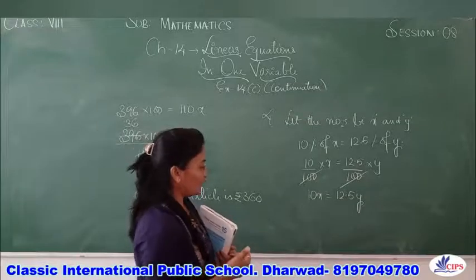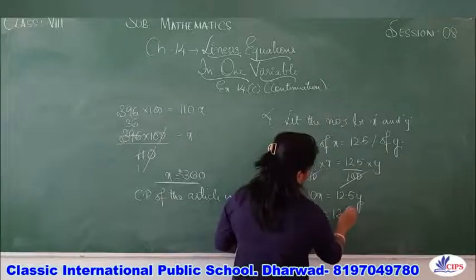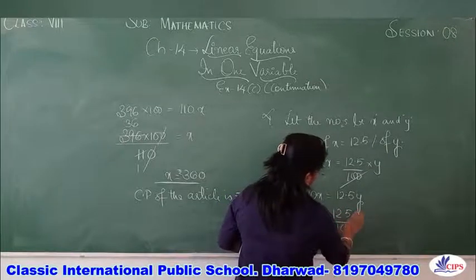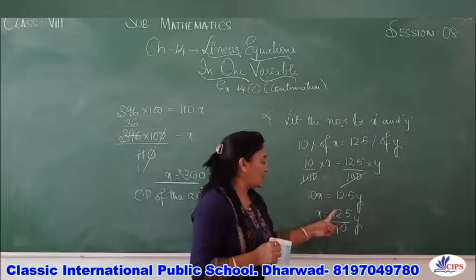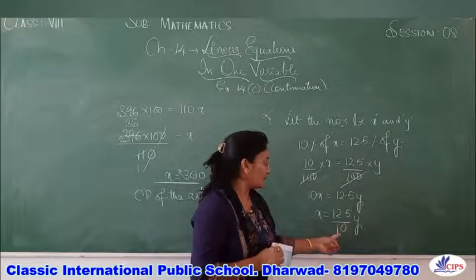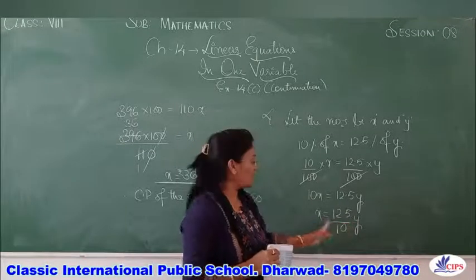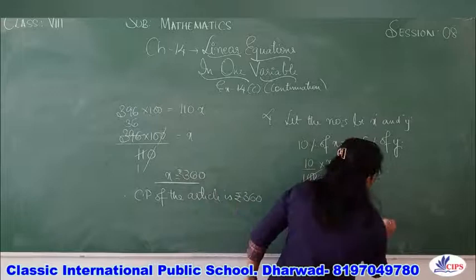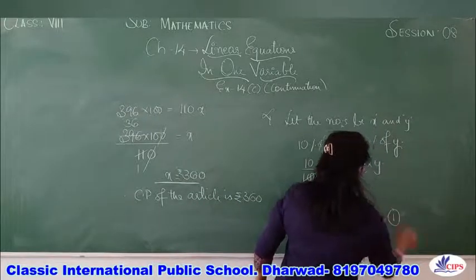I'll find the value of the variable x. So x is equal to 12.5 by 10 into y. So this will be the value of x. Let us consider this as equation 1.